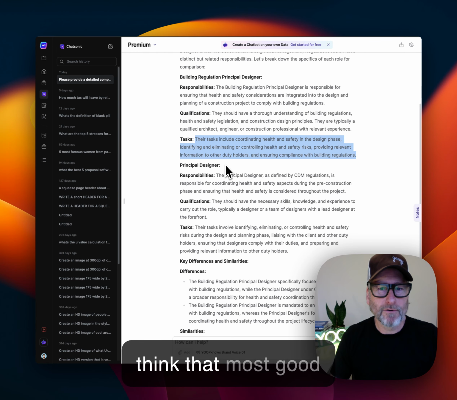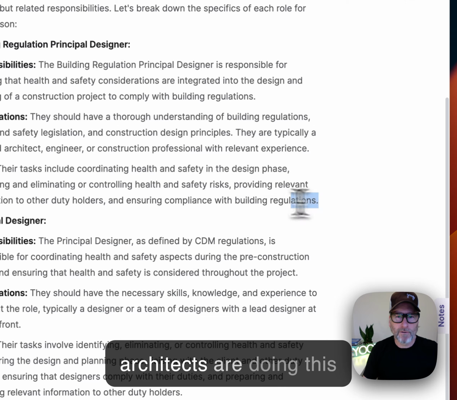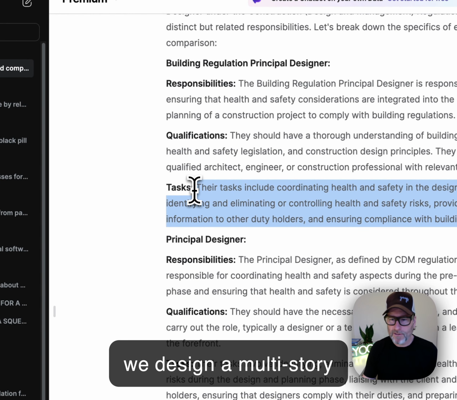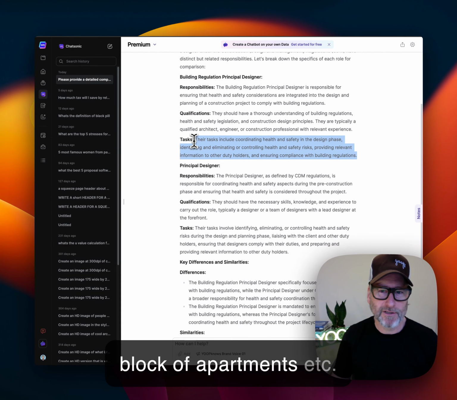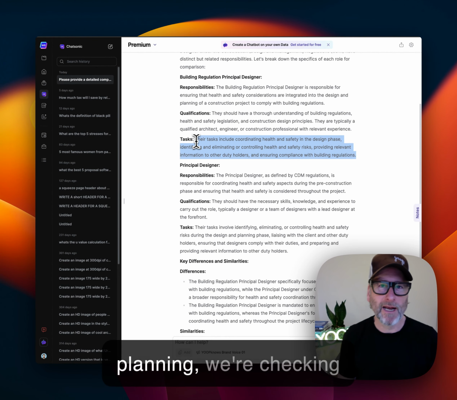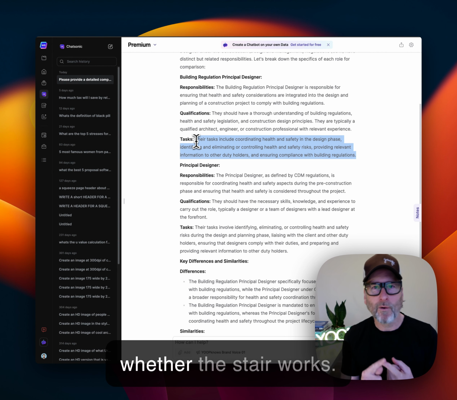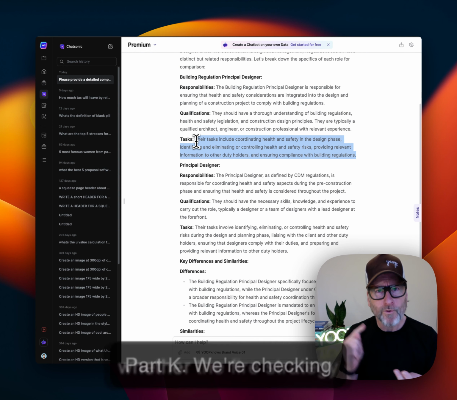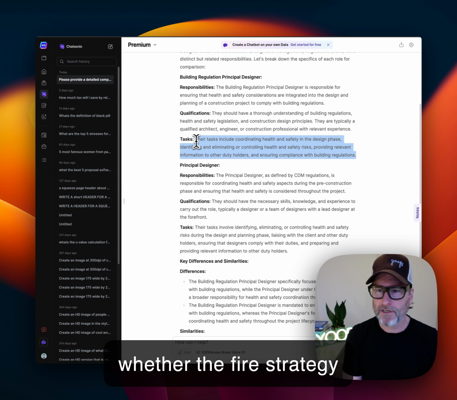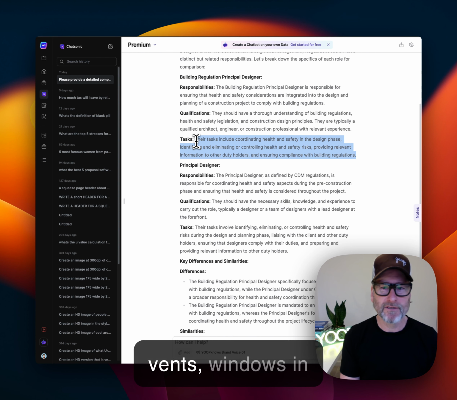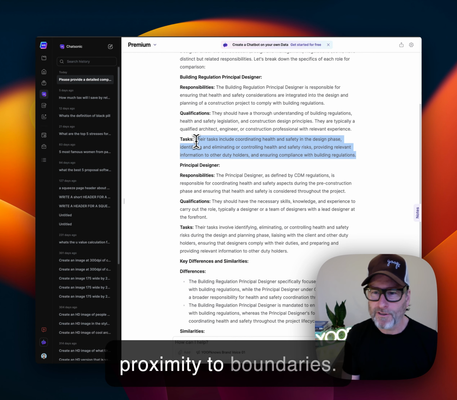Okay, so I think that most good architects are doing this anyway, because when we design a multi-story block of apartments, even though it's design stage and you're going to put it in for planning, we're checking whether the stair works, Part K. We're checking whether the fire strategy works, Part B, with your AOVs, smoke vents, windows in proximity to boundaries.